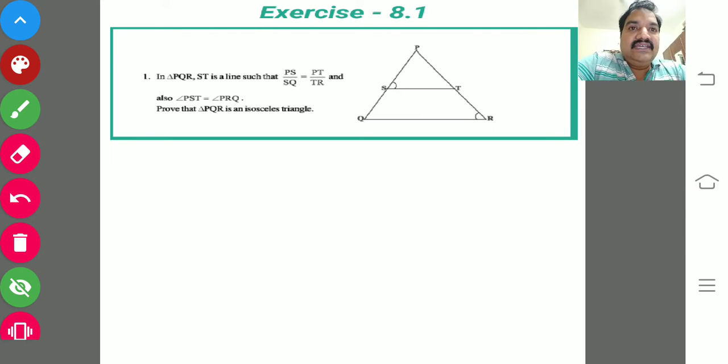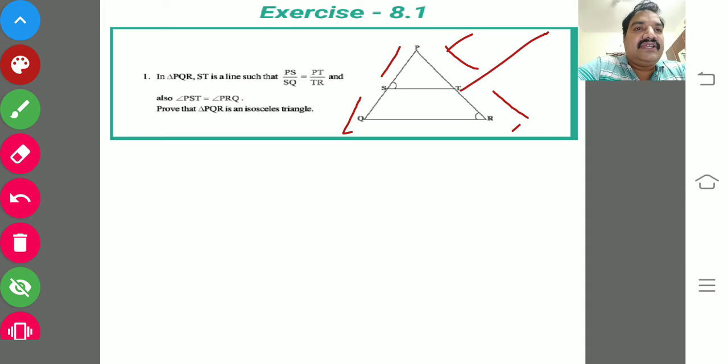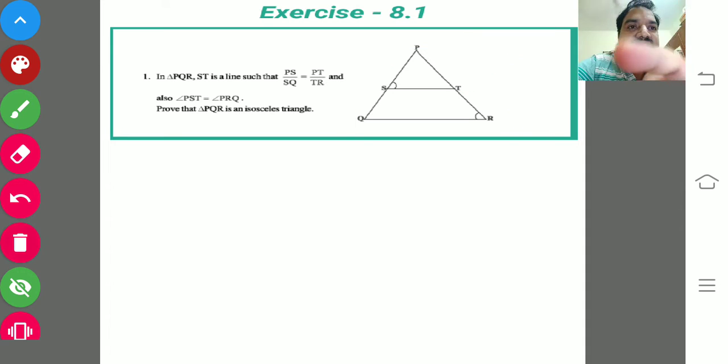See the question: in a triangle PQR, ST is a line such that PS by SQ equals PT by TR, as in the basic proportionality theorem we have discussed. Some additional information is also given: angle PST equals angle PRQ.